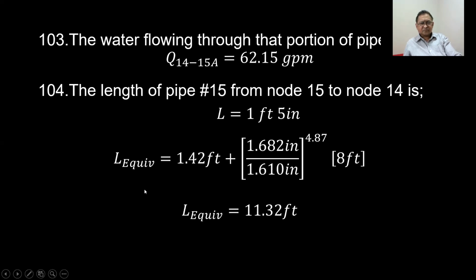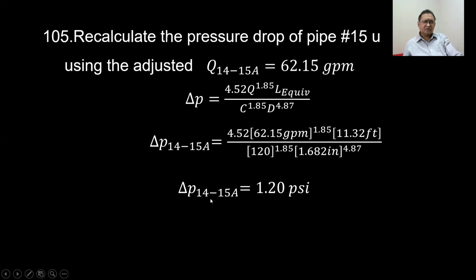And the pipe length is 1 foot and 5 inches. And using the equivalent length modifier, the equivalent length will be 11.32 feet. So recalculate the pressure drop of pipe number 15 using the adjusted flow of 62.15, and the pressure drop will be equivalent to 1.2 psi.